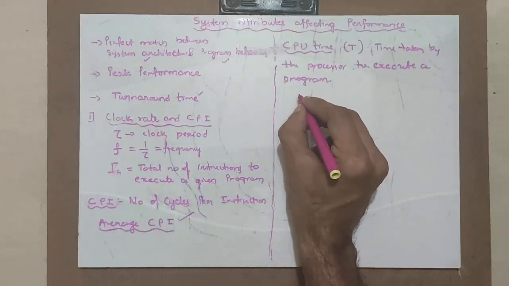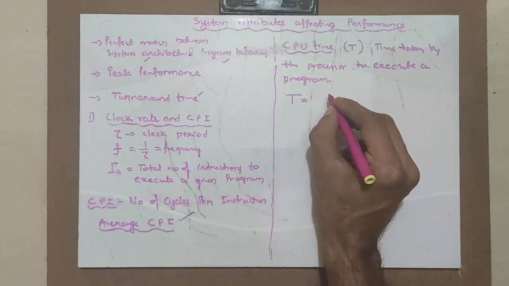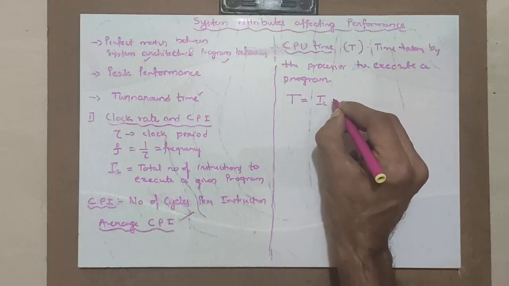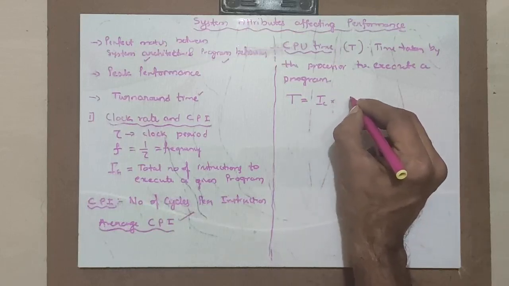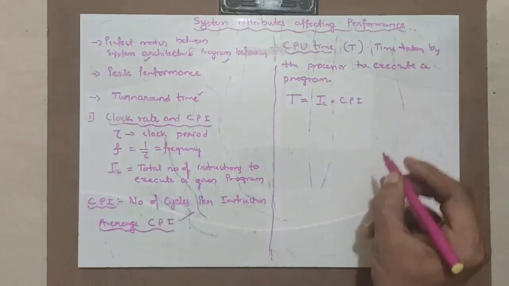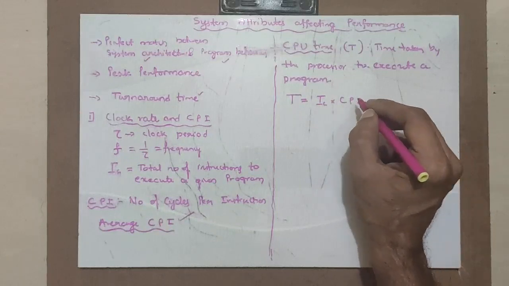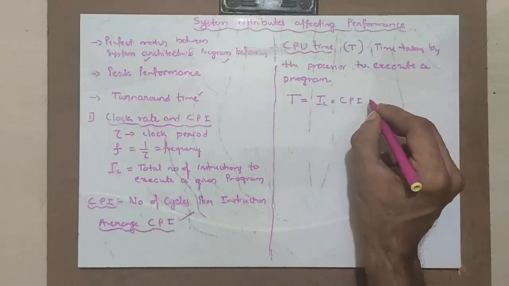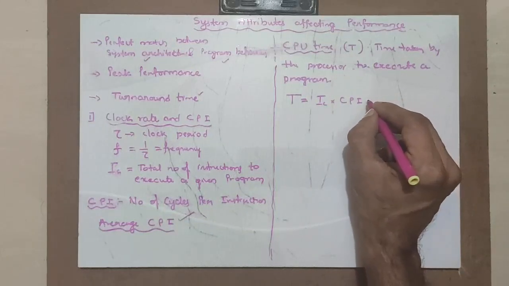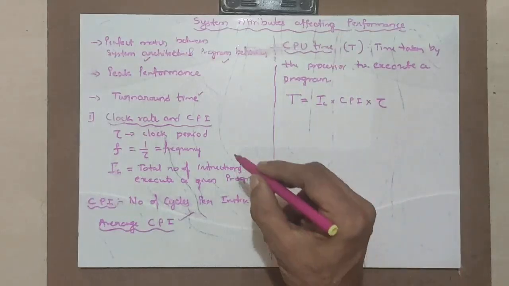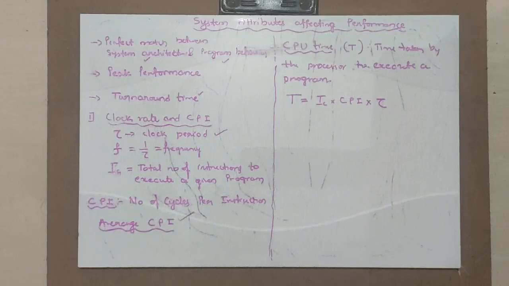Now, you know that the time taken by the CPU or the processor depends upon total number of instructions, obviously, multiplied by cycles per instruction, how many average cycles per instruction are taken by the instructions, multiplied by time period, tau or clock period.